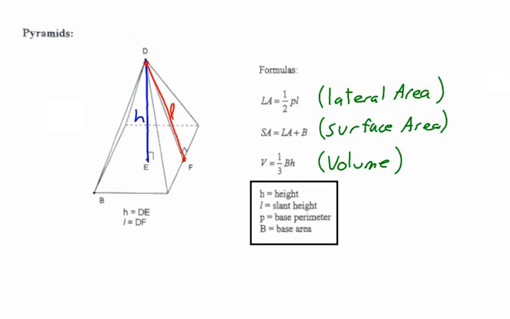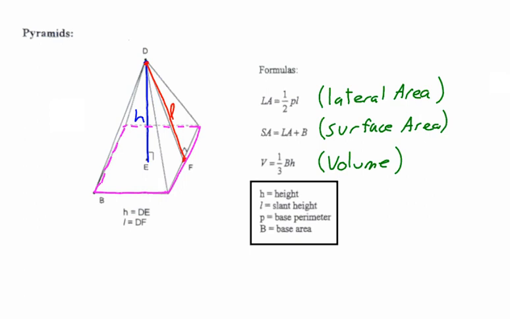Your base perimeter, the P value in our formulas, is the distance around the base of the pyramid. So if we take all four sides of our square pyramid and we add all four of those together, that will give you the base perimeter. Okay? And then the base area is just the area of the base.